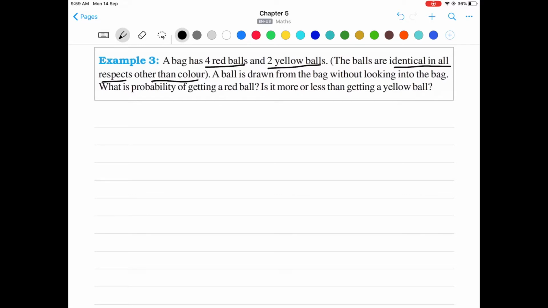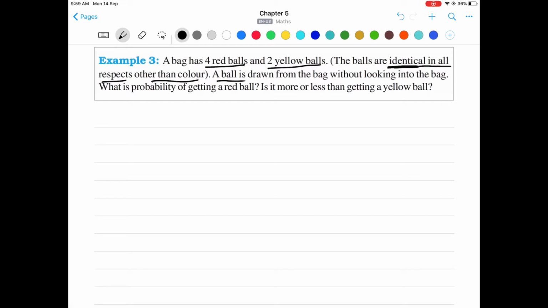That means the balls inside this bag are identical in shape and size, which means all the balls are of the same type. It is not the case that one ball is a cricket ball, another is a tennis ball, and another is a football. All the balls are identical.